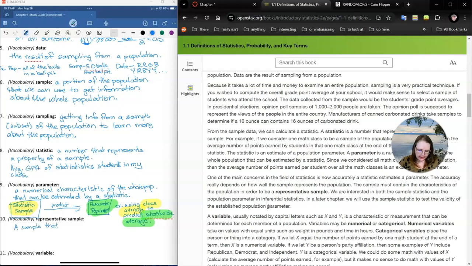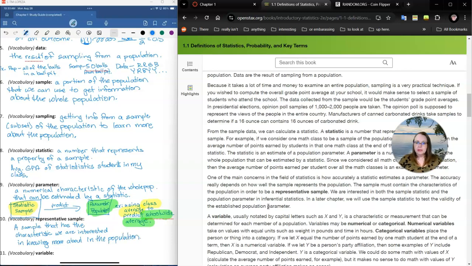So representative samples, it's a sample that has the characteristic we are interested in knowing more about in the population.